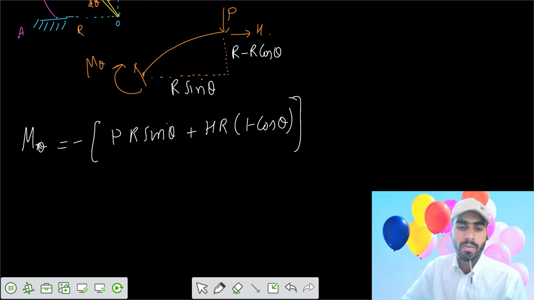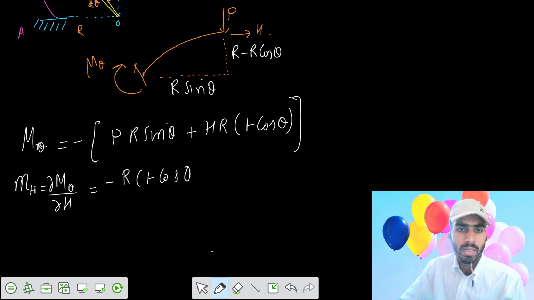One is the deflection in the horizontal direction, so we can write m horizontal, that's dou M theta by dou H, so we get that value as minus R times 1 minus cos theta. And if you want the value of m vertical, that's dou M theta by dou P, that's minus R sin theta.